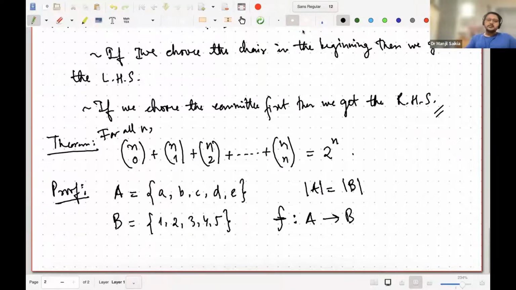In that case, we would say that F is a bijection. I'm not going into too much detail, but the term you can look up is bijection. So how do we construct bijections?